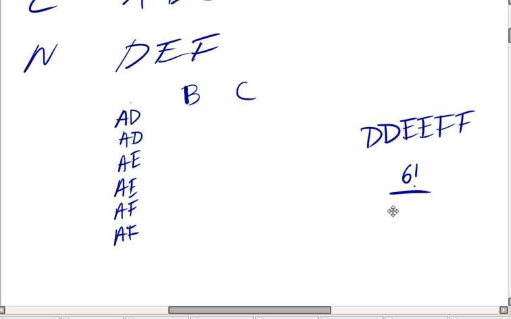It's just 6 factorial divided by 2 factorial times 2 factorial times 2 factorial, which is 90. 720 divided by 8 is 90. By a well-known algorithm, we get 90.